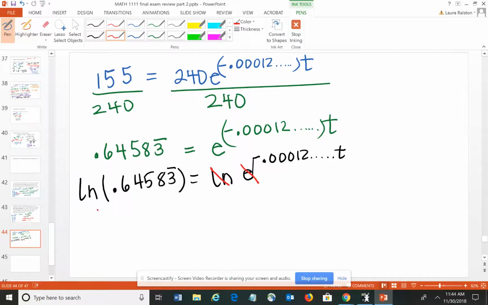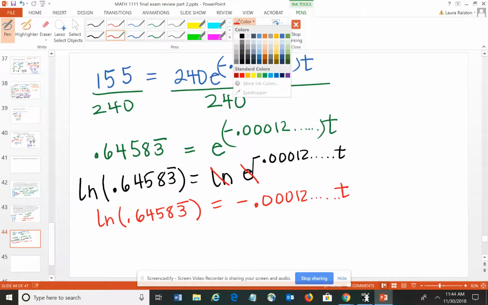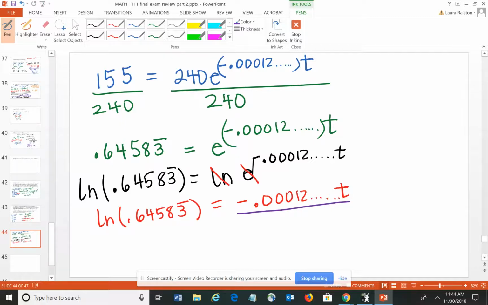So we have the natural log of 0.64583 equals negative 0.00012 times t. Remember, I'm trying to solve for t, so I'm going to divide by this big long decimal number. It's going to get kind of messy to put all this in your calculator, but I'm going to try to show you in just a minute.